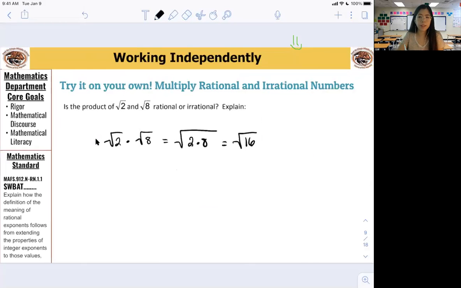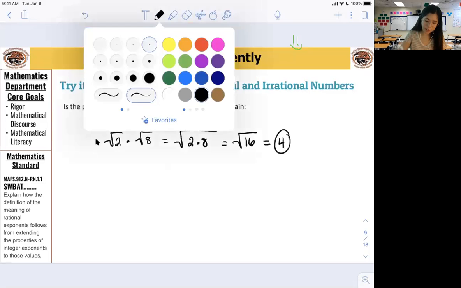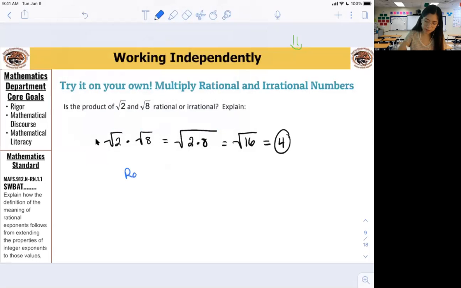And what's the square root of 16? 2. Wait, no. 3. Wait, no, I'm sorry. What is it? 4. It's 4. Yeah. So in this case, we end up with a rational answer.